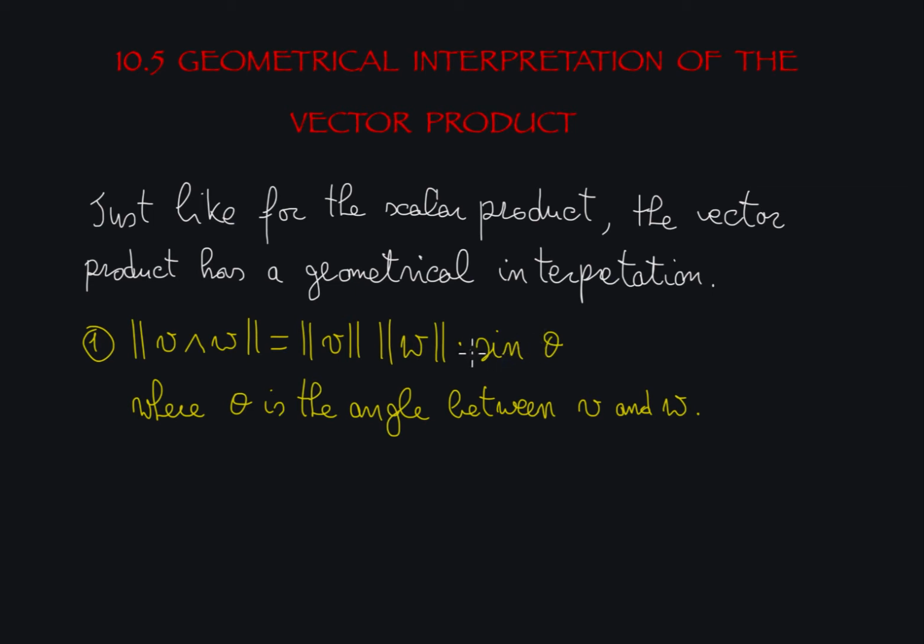In this case, the cosine becomes sine, and we cannot take the vector product of the two vectors, but we have to take the norm. Therefore, we still have a relationship between the angle of the two vectors and the norm of the vector product of v times w.